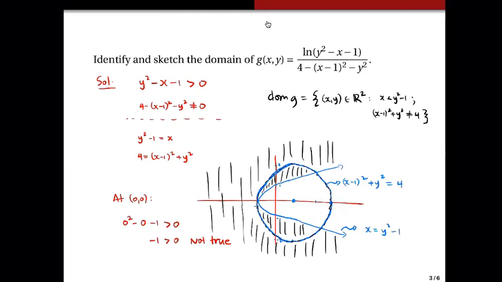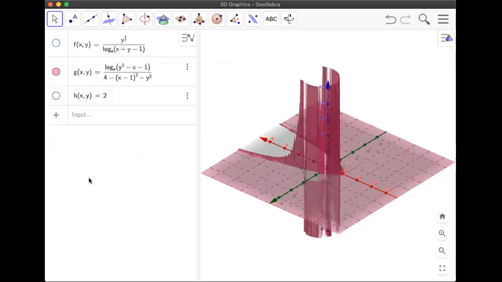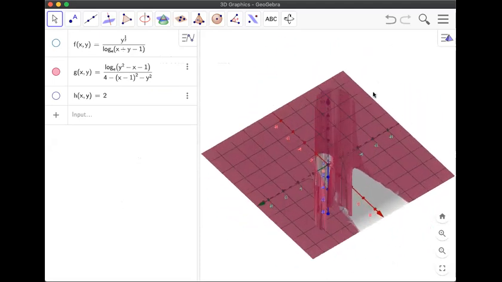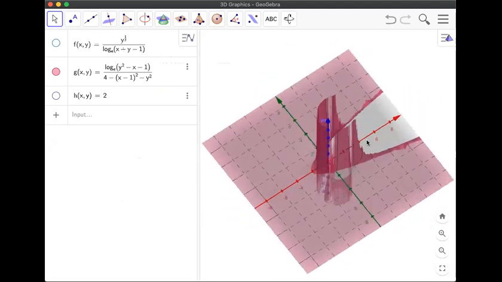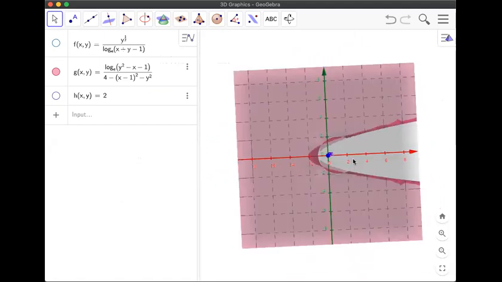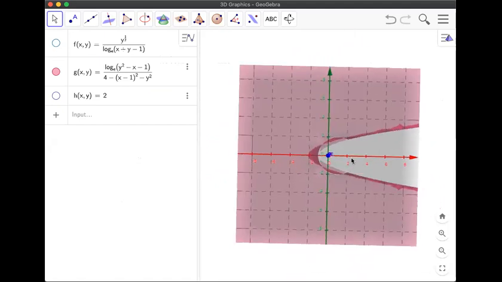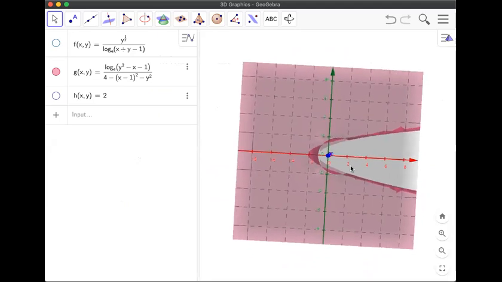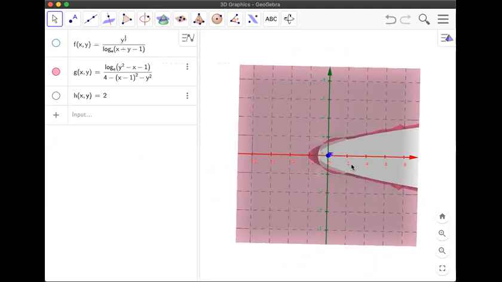So again, I tried to sketch the graph of the function g. So let us look at this. If you look at the top view, this is the xy plane.